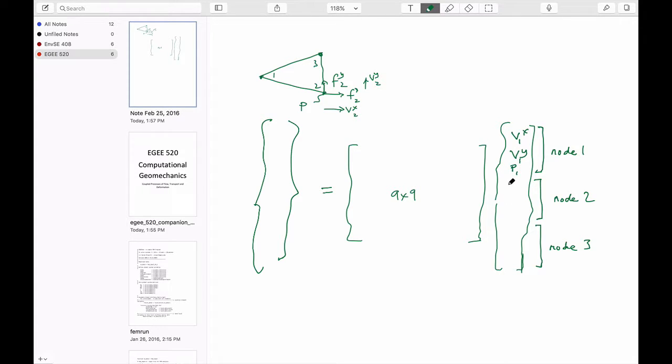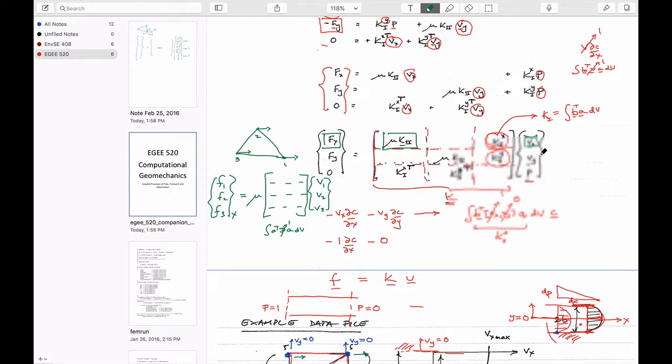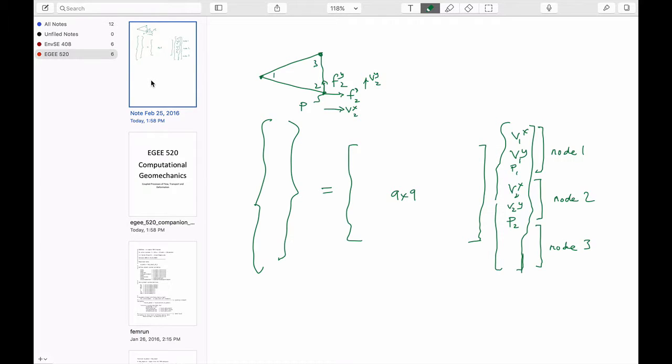Then the velocity at node 2 in the x direction, the velocity at node 2 in the y direction, and the fluid pressure at node 2. So you see that these are localized based on the nodes, rather than the previous idea of all the velocities first in x, all the velocities in y, and then all the pressures. So that's one of the things that we need to do.